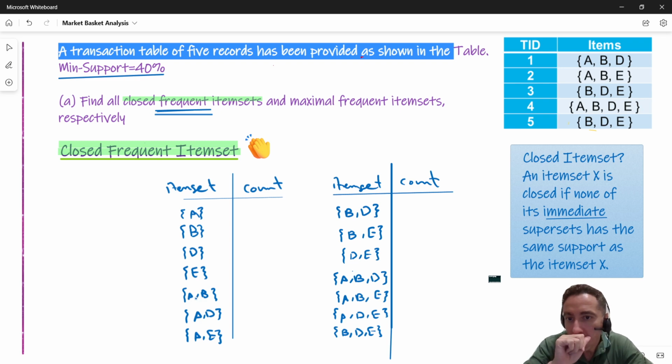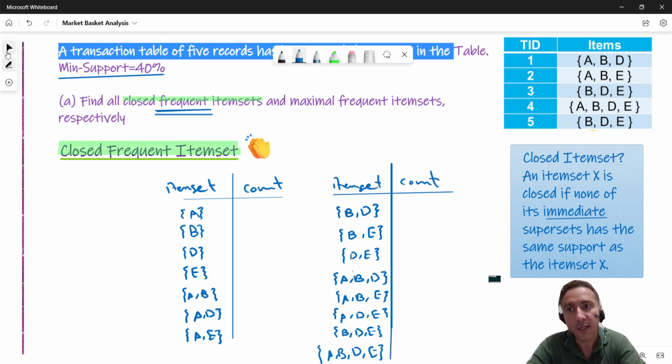A with E cannot merge. Now BDE we already have. We cannot merge with these. Okay, so pretty much we're done. And finally, we can have the 4-item set. We have only single one, A, B, D. Okay, great.